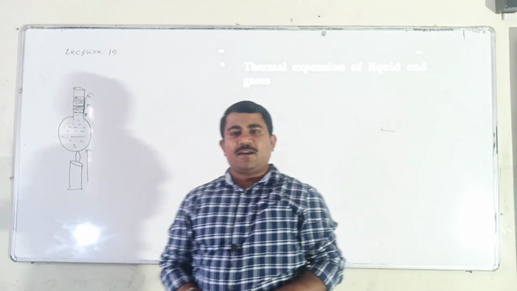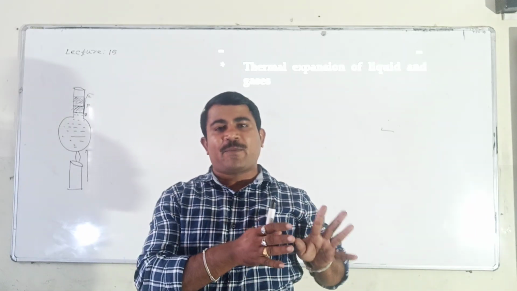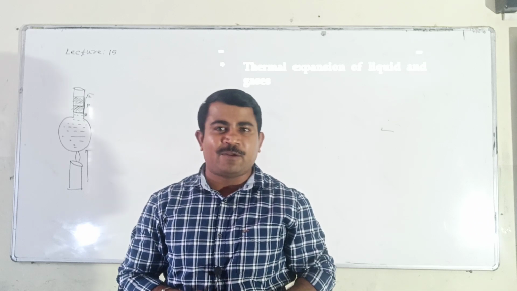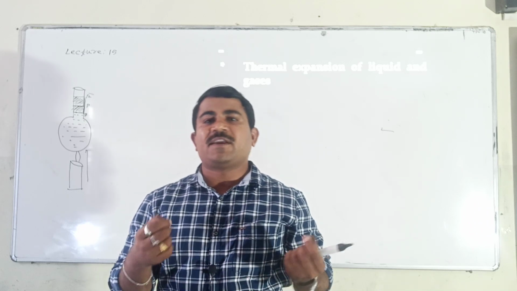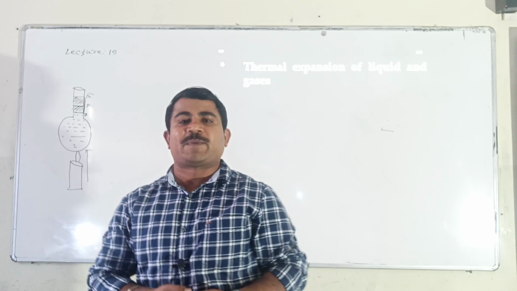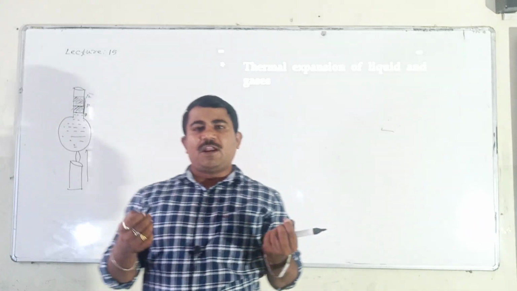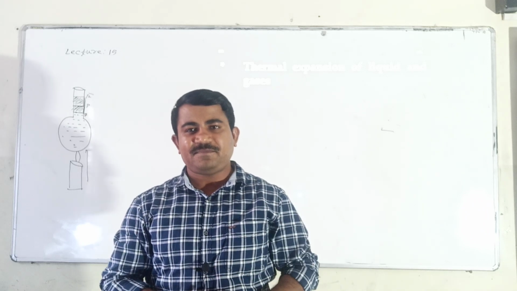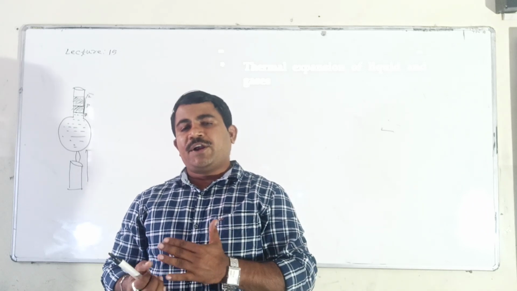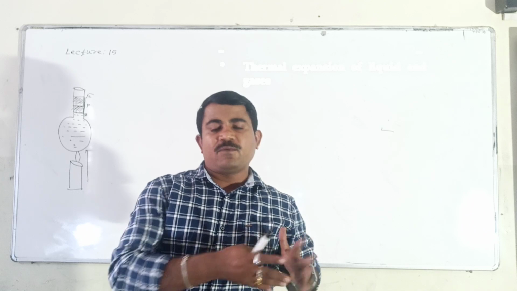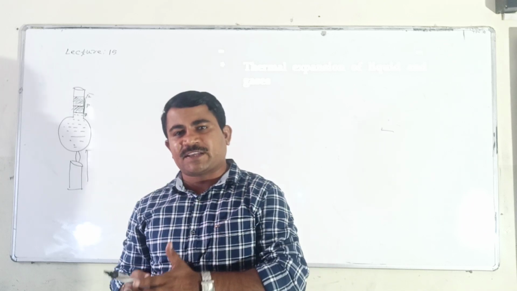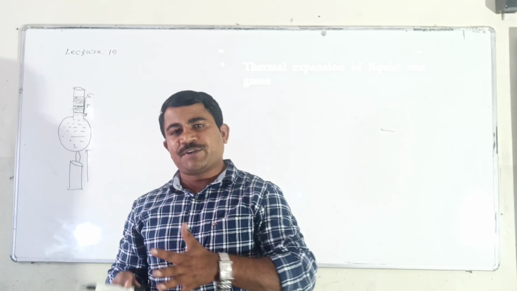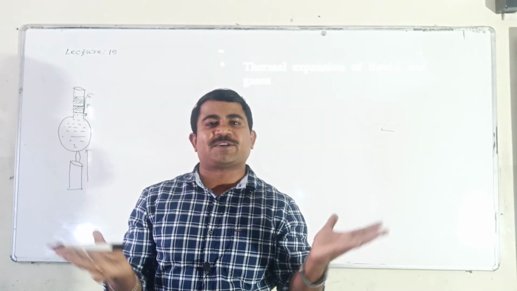That's why liquid has two coefficients of volume expansion. One is the apparent coefficient of volume expansion. The second one is the real coefficient of expansion, because the liquid changes its volume when it is heated. Right, students. Now we will see both cases: the real coefficient of expansion and the apparent coefficient of expansion.